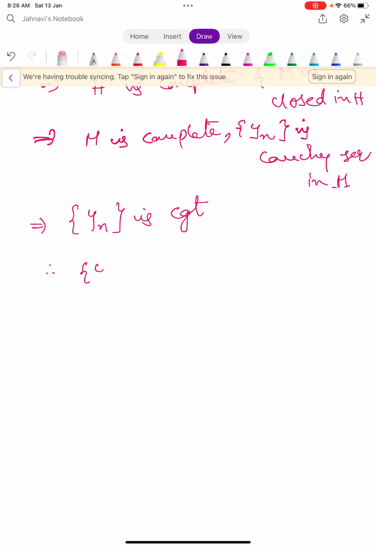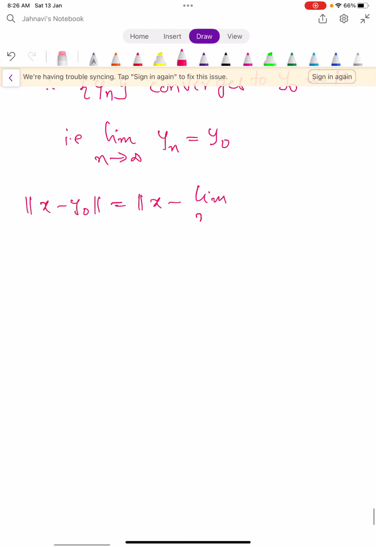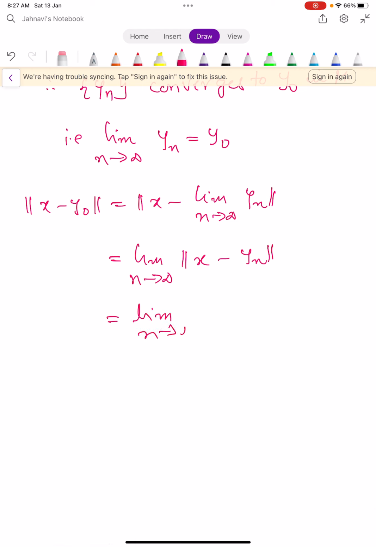Take the sequence yn converges to y0 in capital M. That is, limit n tends to infinity, yn is equal to y0. Now calculate norm x minus y0. Norm x minus y0 is equal to norm x minus limit n tends to infinity yn, which is equal to limit n tends to infinity norm x minus yn, which is equal to limit n tends to infinity d.